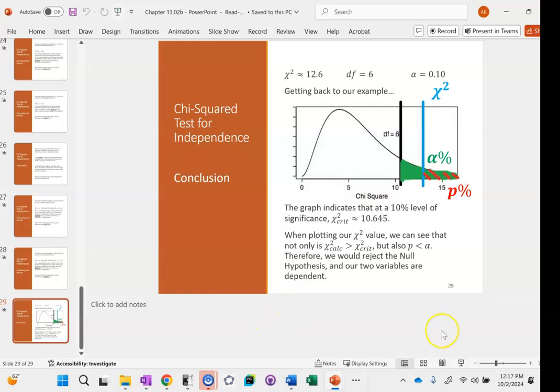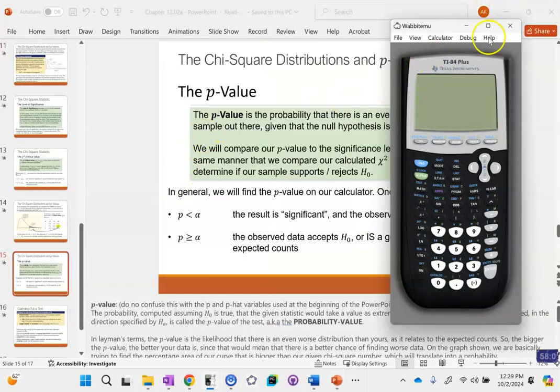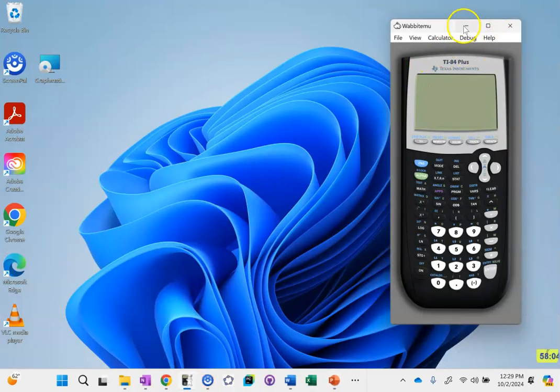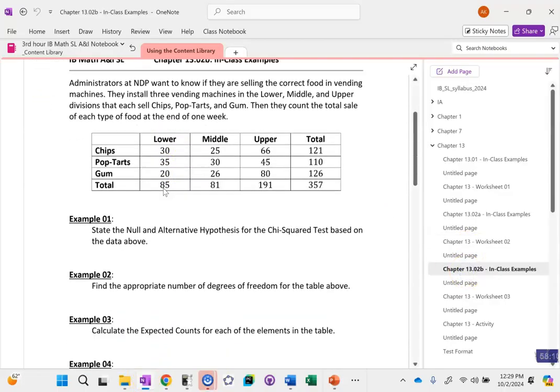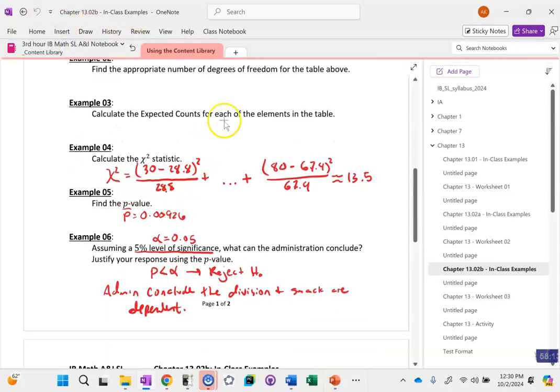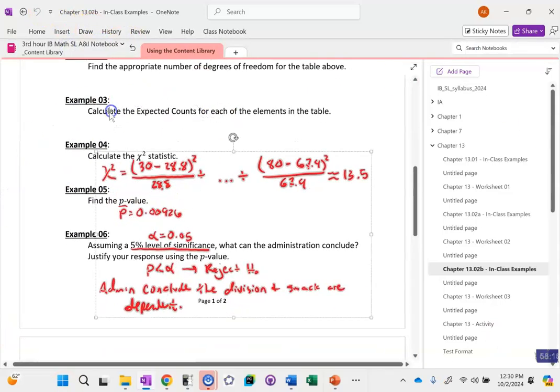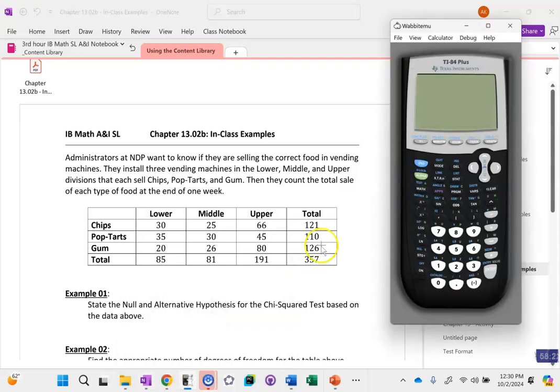All right. Let's do a numeric example together. You're going to like this one, I think. So, what we got here?